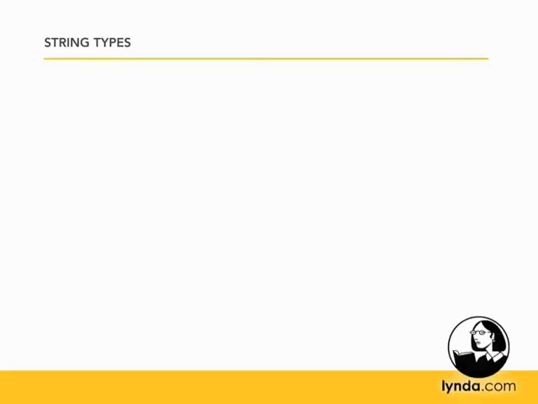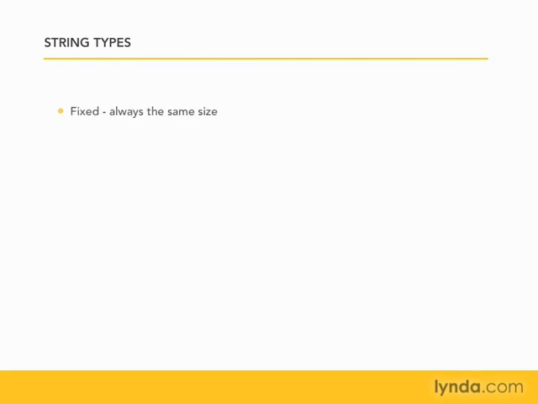String types are for storing strings of data, often text. Fixed string types are for storing text that's always the same size, like a 2-letter state code or something like that. Variable length string types are for storing strings of values that might have different sizes, like a name or an address.